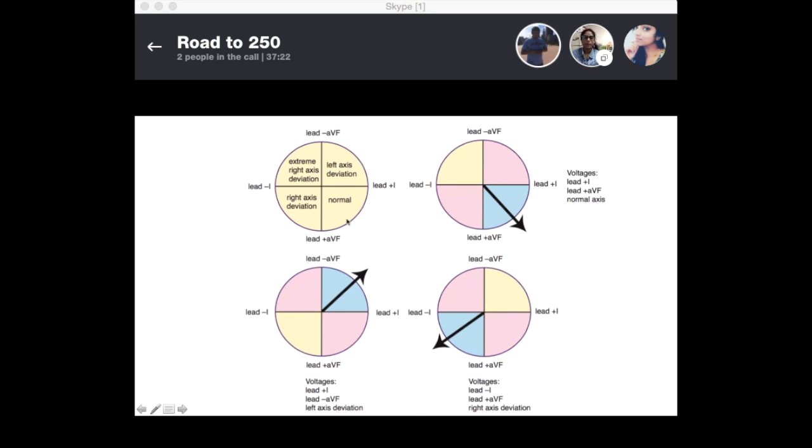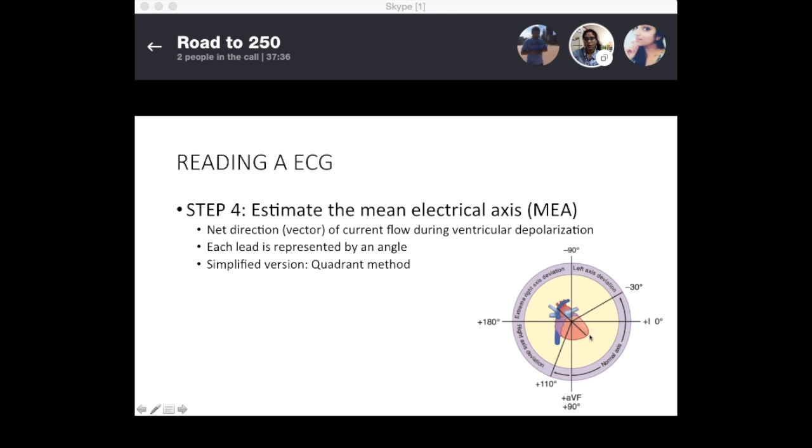This quadrant method is only looking at lead 1 and aVF. So if you just use this quadrant method, it might seem that it's normal or between 0 and 90, but the 120 would be somewhere here, because lead 3 is over there.